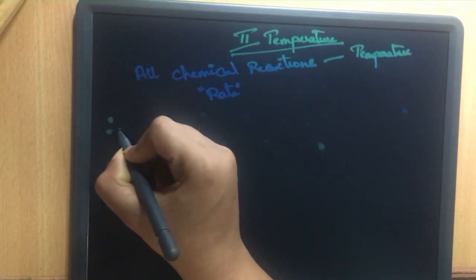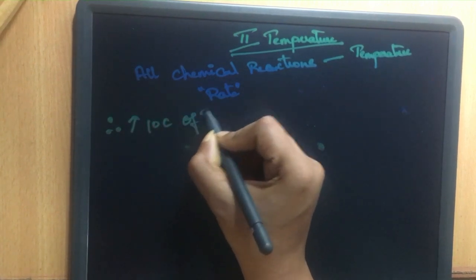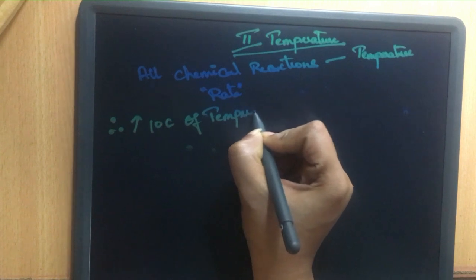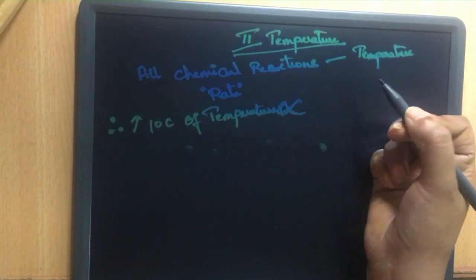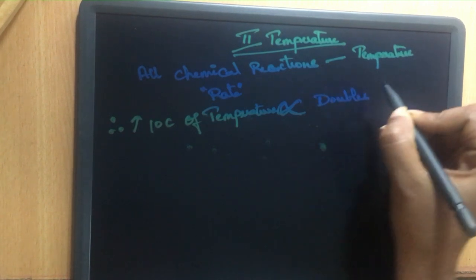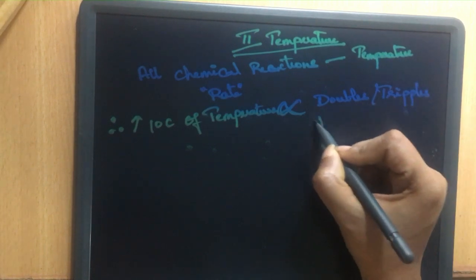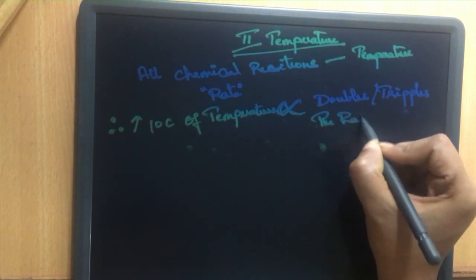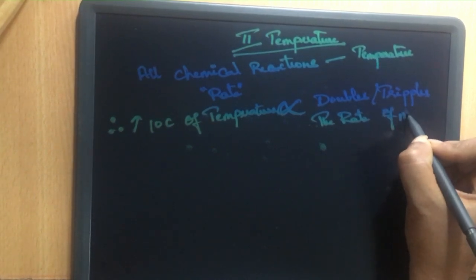Therefore, any increase of 10 degrees of temperature doubles or triples the rate of mutation.